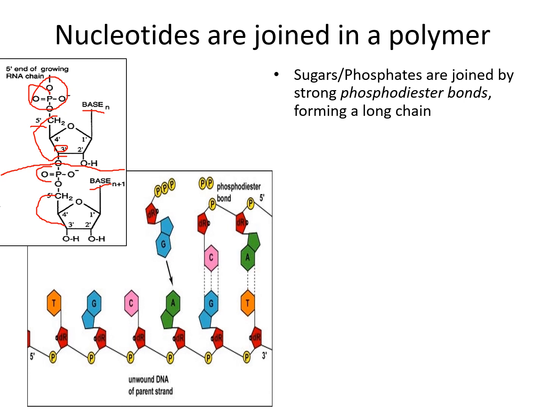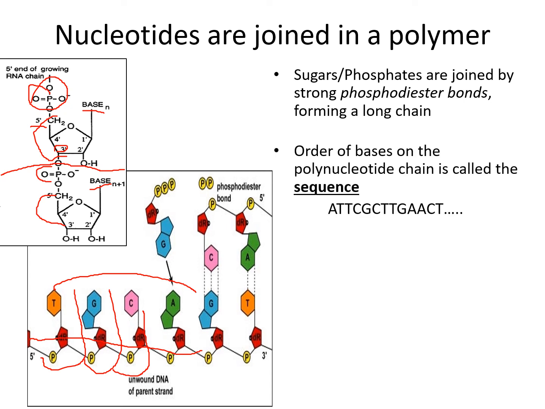Right? So here we can see phosphate, sugar, nitrogenous base, phosphate, sugar, nitrogenous base. Each one of these is an individual nucleotide. This is clearly the carbon backbone, and the sequence of the DNA is usually just referred to by the letter representing the nitrogenous base. Okay, so here a sequence of DNA, A, T, T, G, C, and so on.